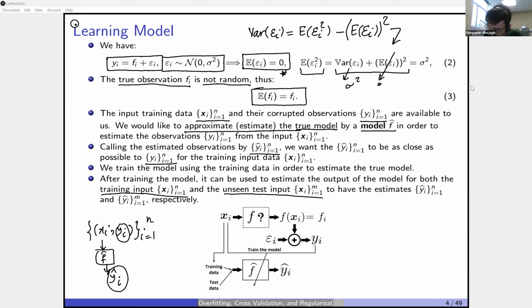Okay. And we'll have n predicted outputs for the training data, and m predicted outputs for the test data. That's right. And as you see, we have training data, we have test data, and for each of which we have some predicted outputs.